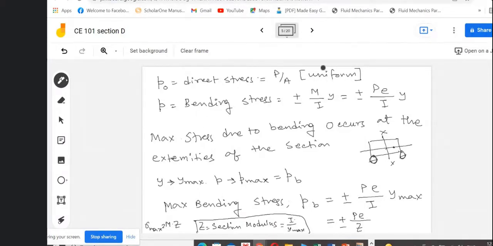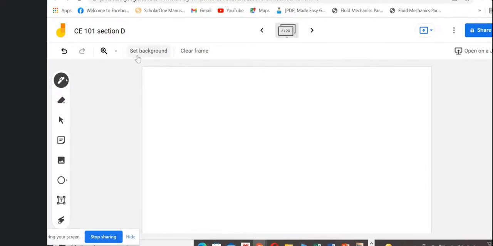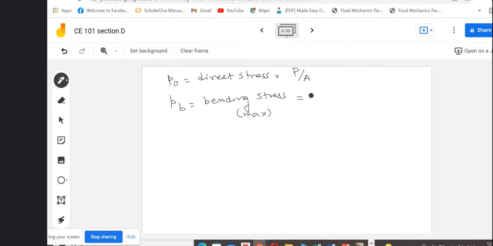So P naught, that is the direct stress, is P by A, and this PB, that is bending stress, we are considering the maximum one so that we can get the total value.